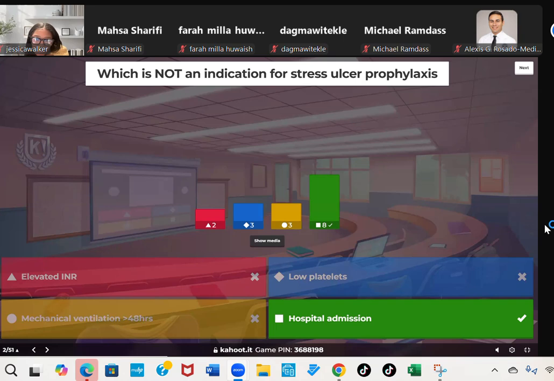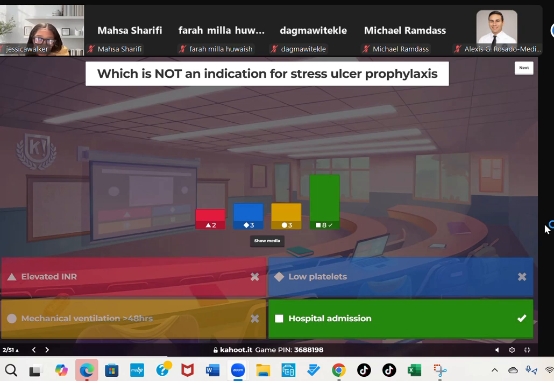Just because you're admitted to the hospital doesn't mean that you get stress ulcer prophylaxis. I did not get stress ulcer prophylaxis when I was admitted to get my gallbladder out because I was on a general surgery floor. It's an ICU, so intensive care admission. It's if you're ventilated for greater than 48 hours or you have coagulopathy.